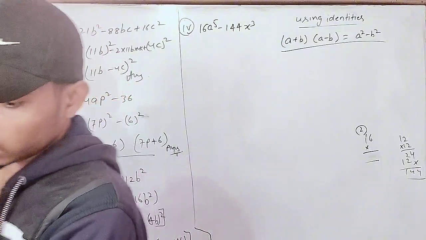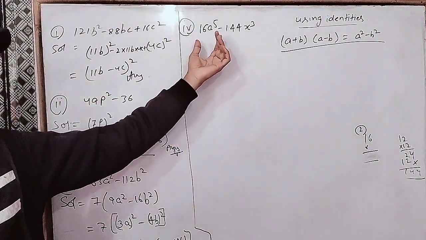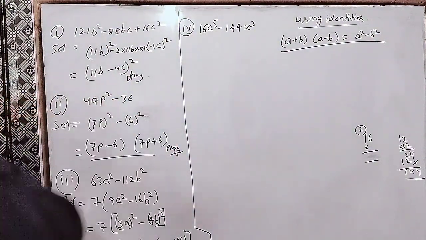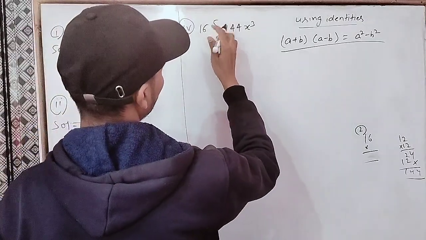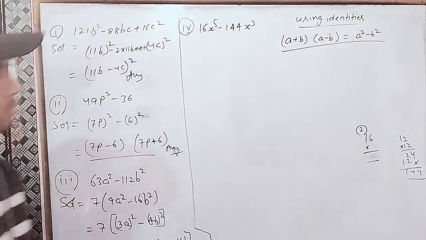In which product can this be written? What is that product? 16. Here is x.